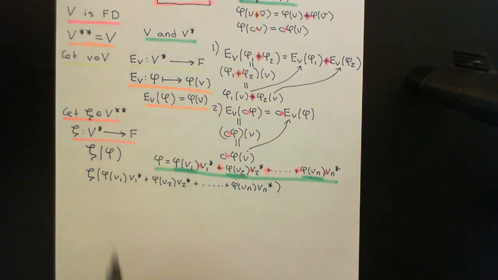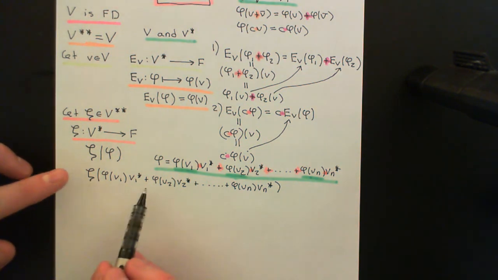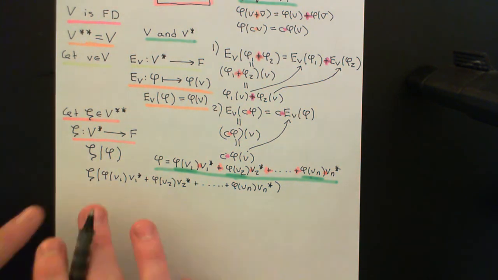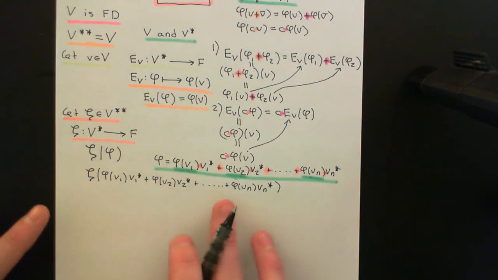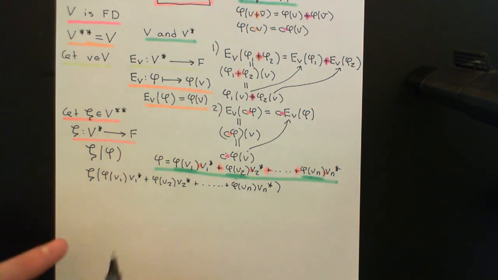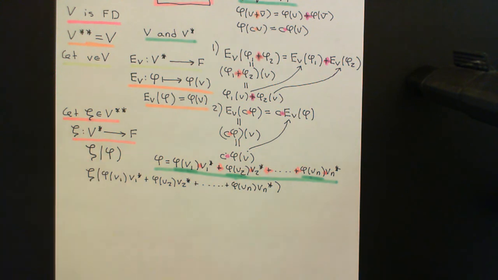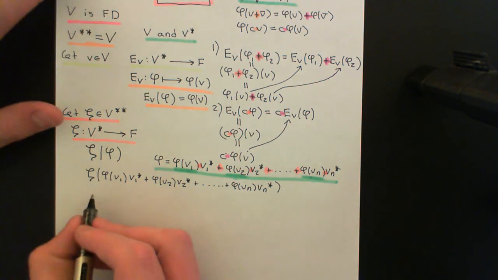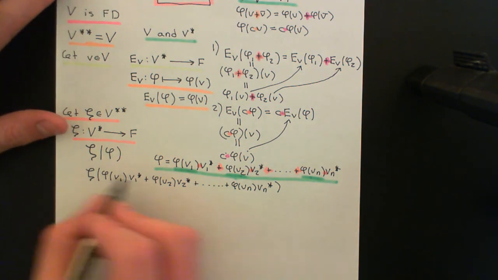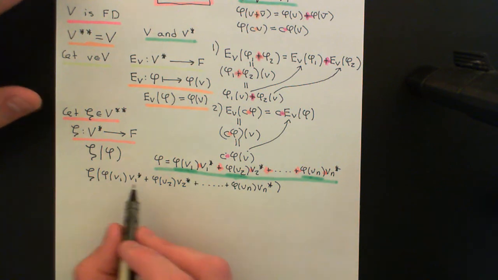Now of course this is a linear map, so it respects linear combinations. It's a linear map from the dual vector space into the field capital F, so it's going to respect linear combinations in the dual vector space. So what this will actually become is that the scalar coefficients will all come out and the addition will all split up.